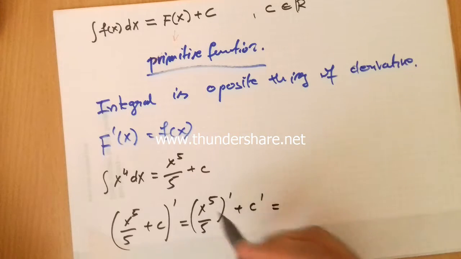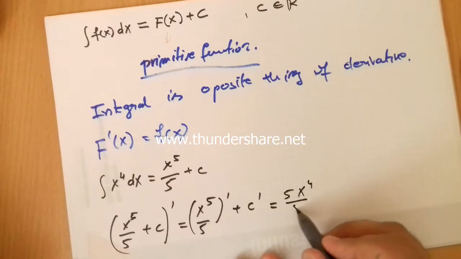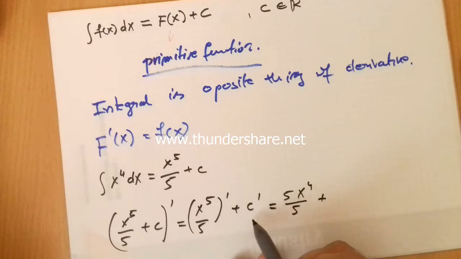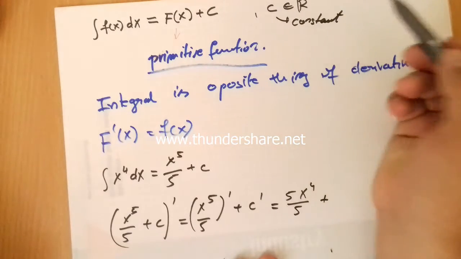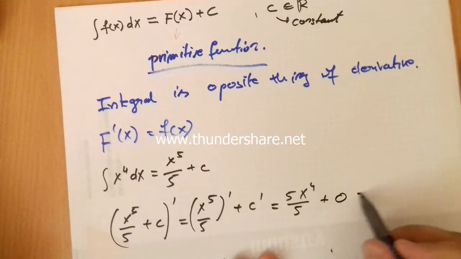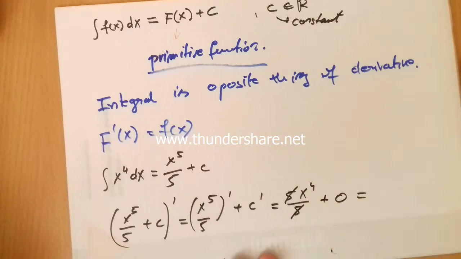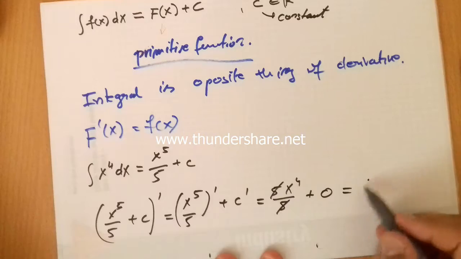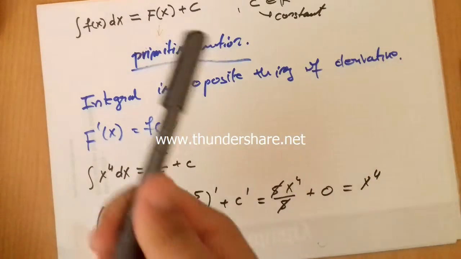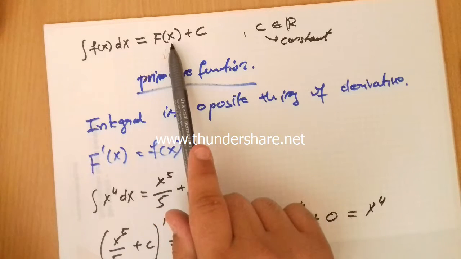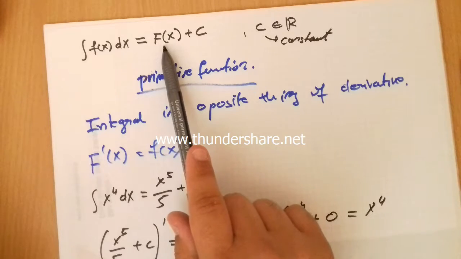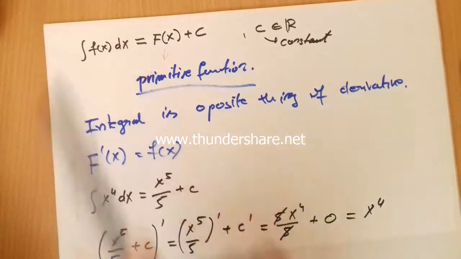The derivative of this one is 5x to the 4 divided by 5, plus the derivative of the constant, which is 0. Then 5 cancels with 5, and that is x to the 4th. So when we take the derivative of this big F, we must get this function. This is very, very important in integrals.